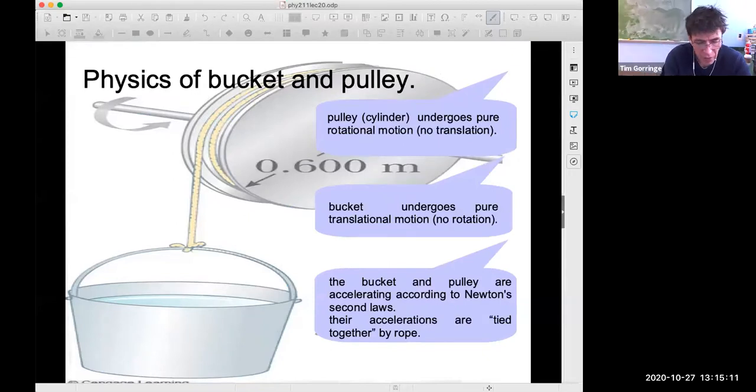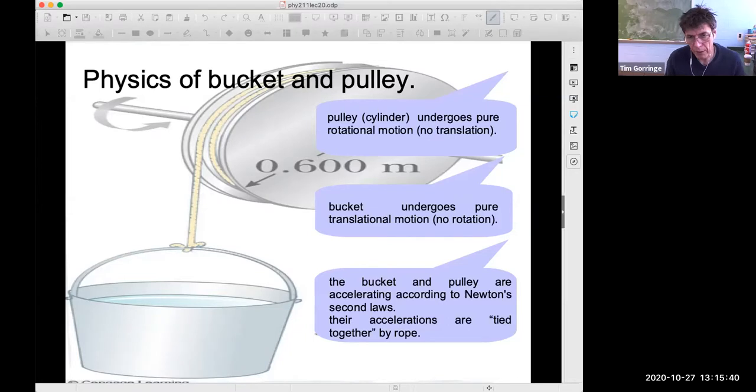Okay, so I want to say a few words about what's going on in this problem, and then we'll go on and solve the problem. In the last problem, we just focused on the ladder and the forces and the torques on the ladder. But in this problem, we really have to focus on these two distinct rigid bodies, the bucket and the pulley, or the bucket and the cylinder.